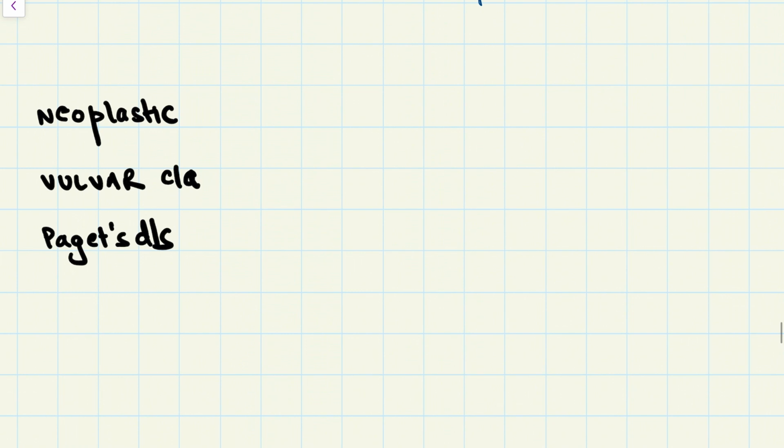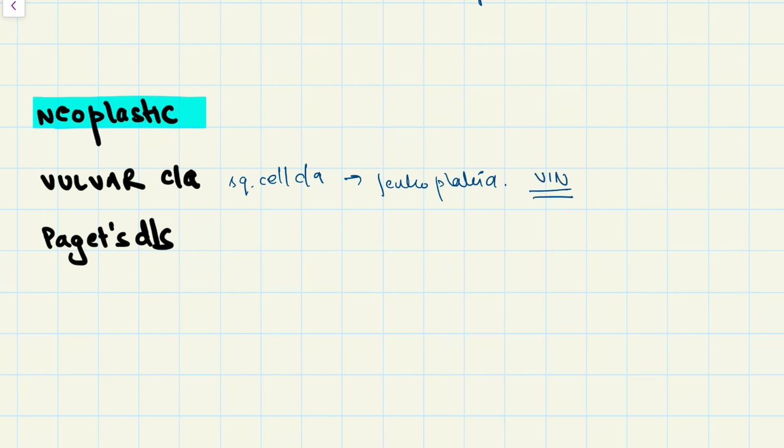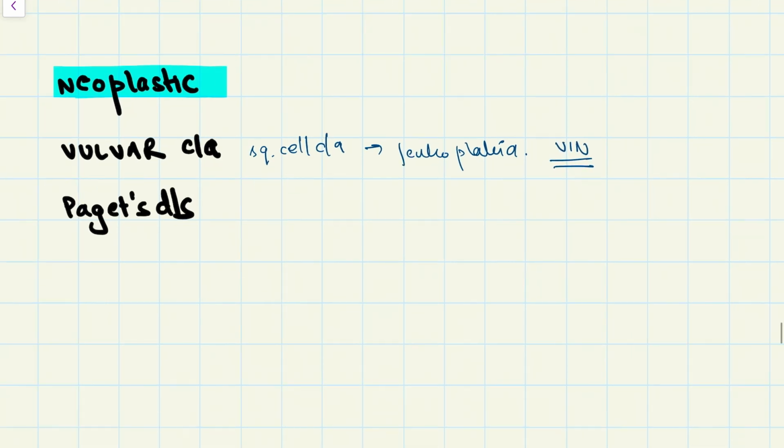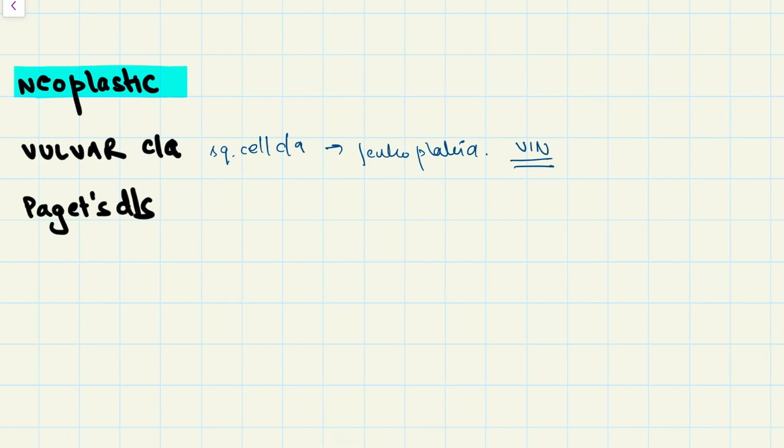The neoplastic conditions include vulvar cancer and Paget's disease, which is nothing but extramammary Paget's disease. So, vulvar cancer is squamous cell cancer and it presents with leukoplakia. The preceding lesion is vulval intraepithelial neoplasia, which is of two types, usual VIN and differentiated VIN.